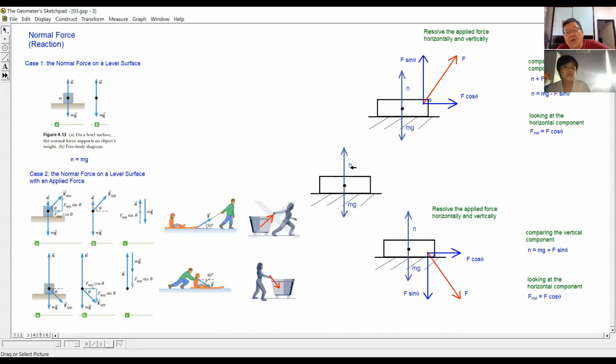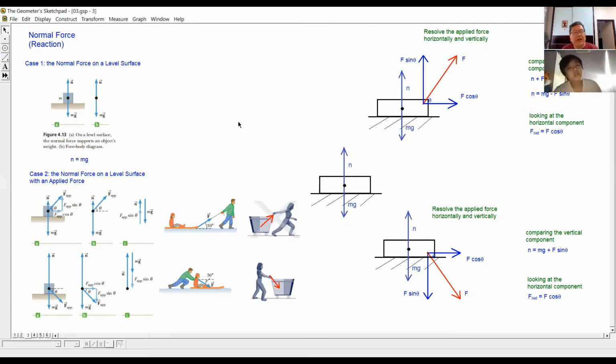Although we do not know the magnitude of the normal reaction, Newton's third law tells us it is equal to this mg. So N equals mg, the normal reaction. In our local textbook, they don't use N, they use R to represent the normal reaction. So this is the first case, when the object is resting.